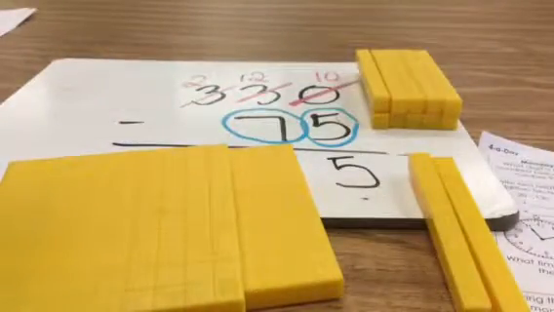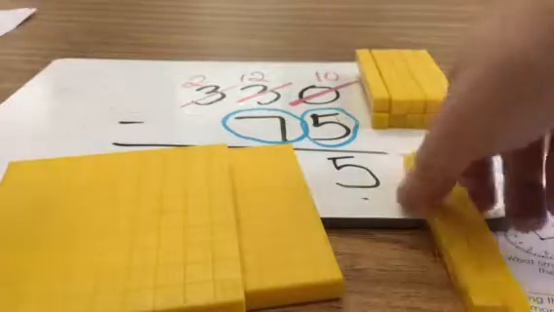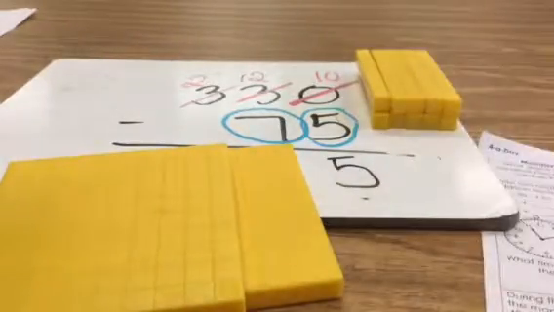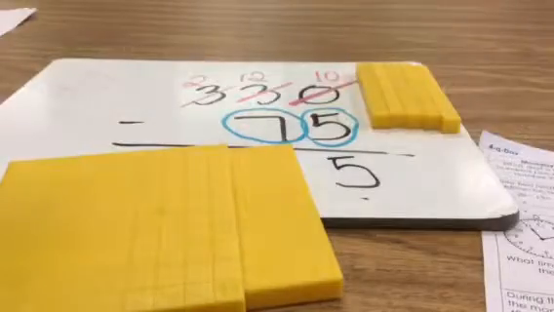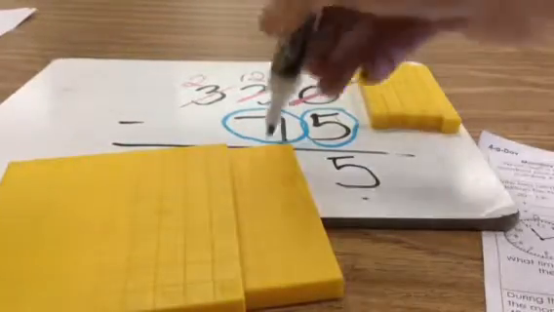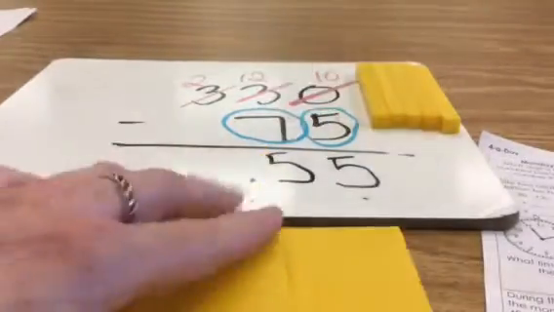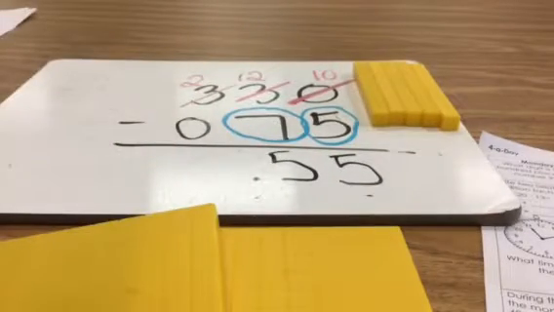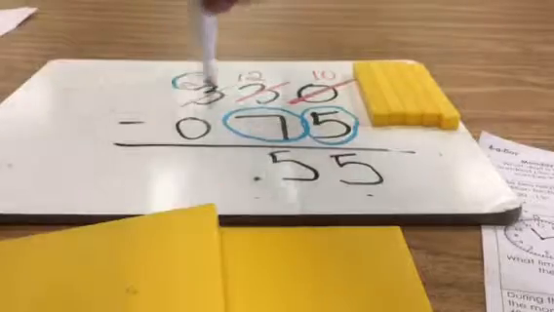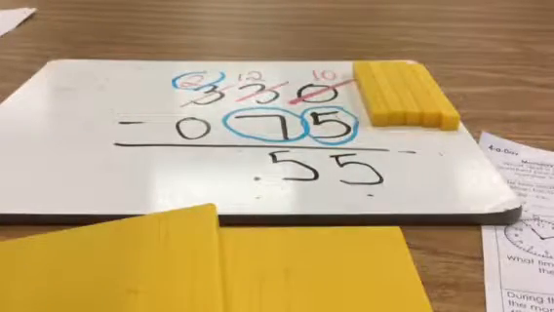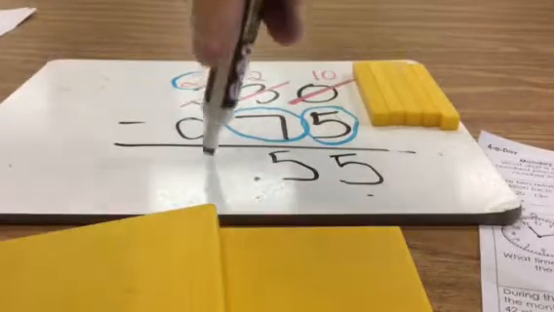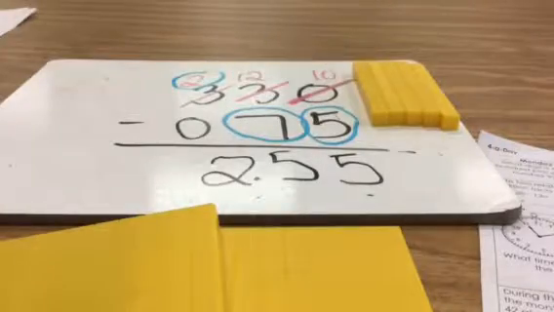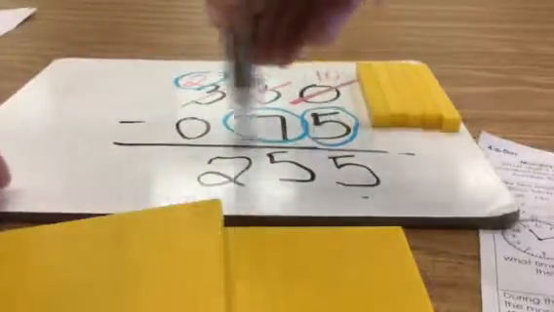Now I can subtract. I can take 7 away, and I'm going to be left with 5. And this is kind of like having a 0 placeholder there. So I'm going to circle where my bigger number is. My bigger number is on top, so I have no need to stop. 2 minus 0 is 2. So my answer there is 255.